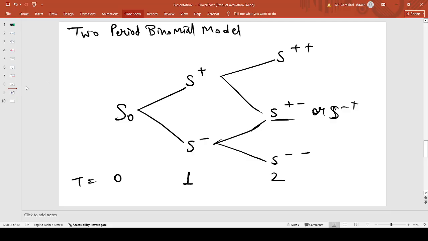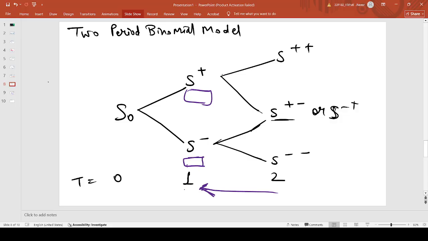Whatever the payoff is, you calculate the payoff, you discount it by one period and bring it to t1. So here one value will come and here one value will come.